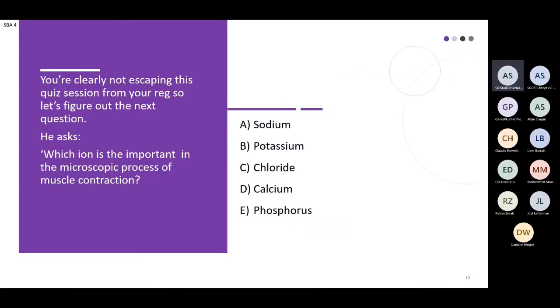So next SBA. Which ion is the most important in the microscopic process of muscle contraction? I'll open up the polls.